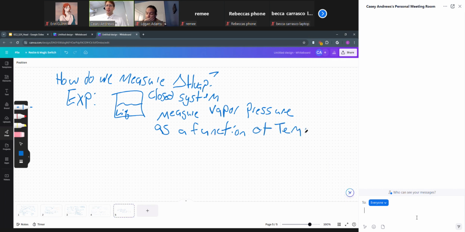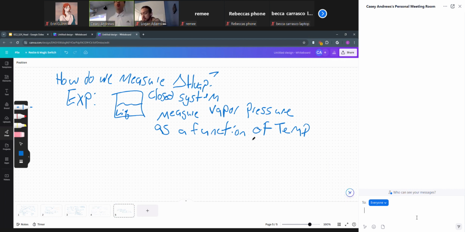So it's actually a pretty simple experiment. You have your solution at a certain temperature, measure its vapor pressure. Change the temperature, measure the vapor pressure. Change the temperature, measure the vapor pressure, and so on and so on.